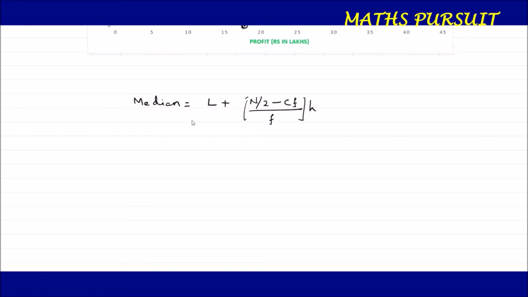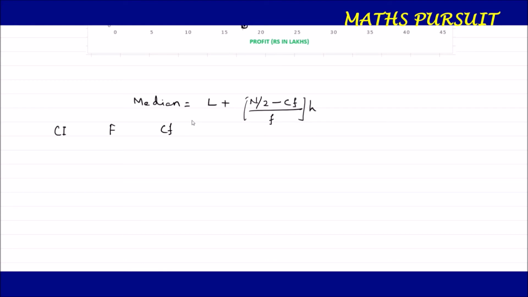Now let us see how we can get the median of the data. In one column we have the class interval, in another column the frequency, that is the number of shops, and in another column the cumulative frequency.